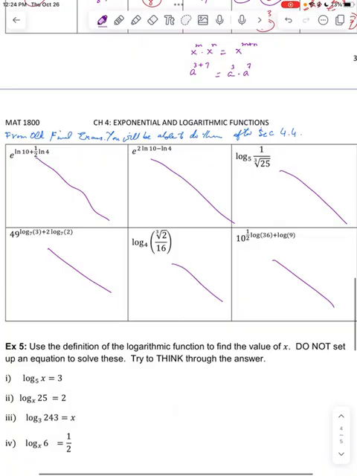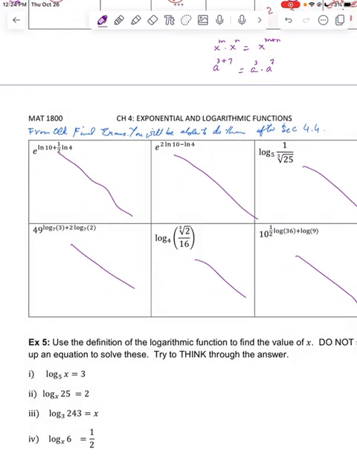Okay, so last example here, it says use the definition of the logarithmic function to find the value of x. Do not set up an equation to solve this. Try to think through the answer. So basically what it's saying is, you may write something here.